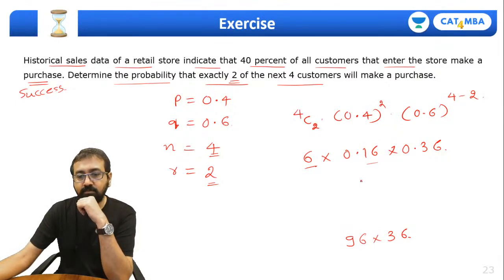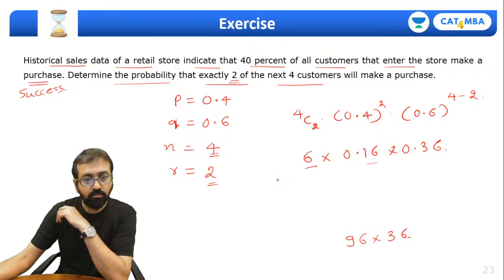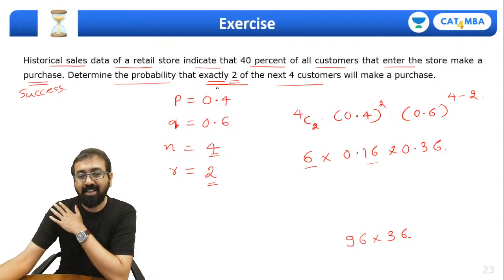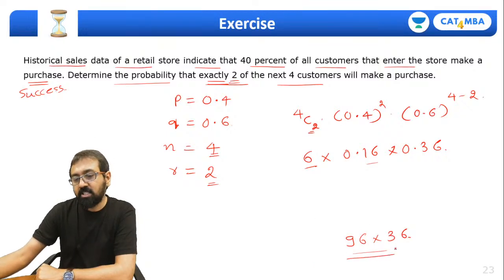Yes, guys, do you all agree with this? So whatever answer it comes to over here, if it is at least 2, then you will have to find out this one. 2 customers buying that, 3 customers buying that, 4 customers buying that, and you will have to solve it. So what will be this one, guys?